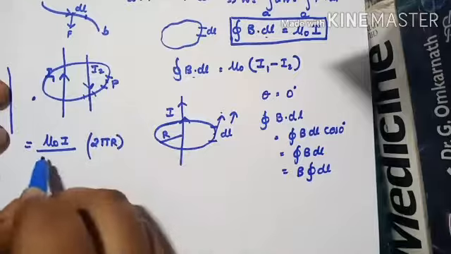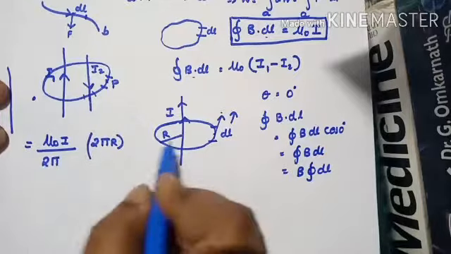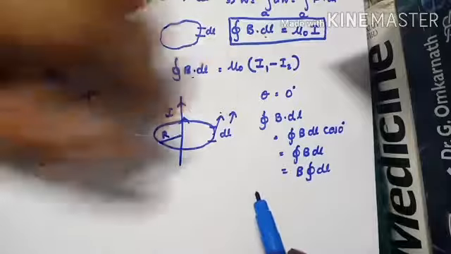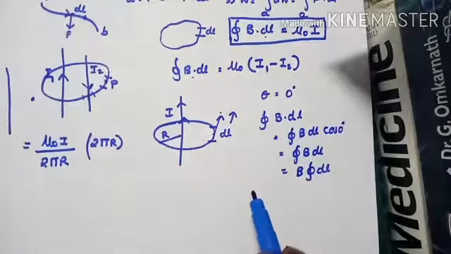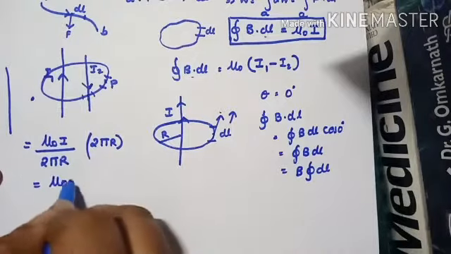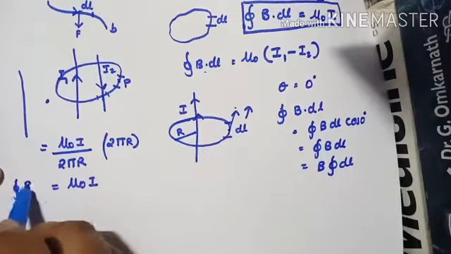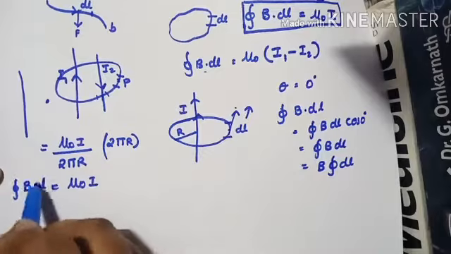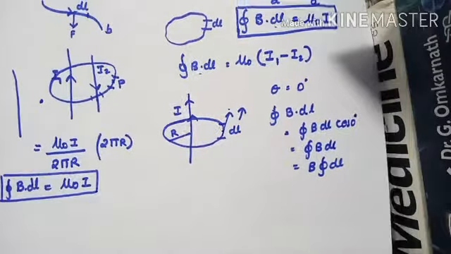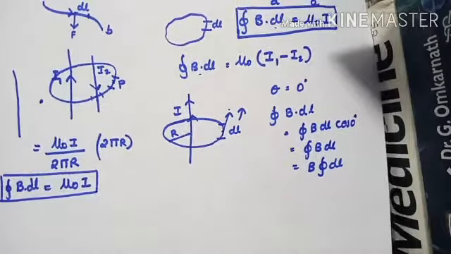It is mu 0 I by 2 pi r, where r is the distance of that point from the conductor. So I can cancel out 2 pi r and get mu 0 I. So the closed integral B dot dl is equal to mu 0 I. We just proved it.